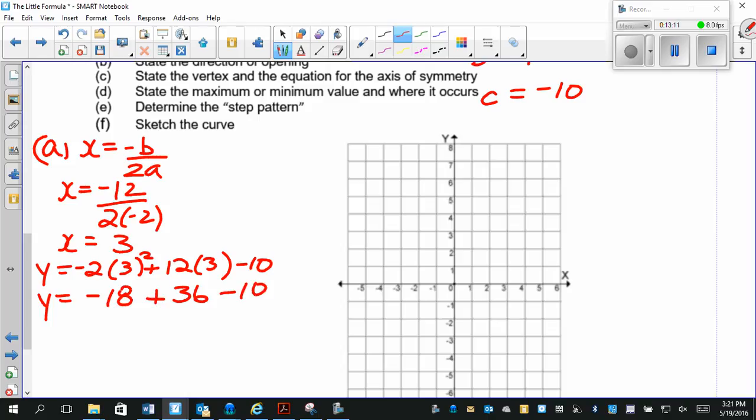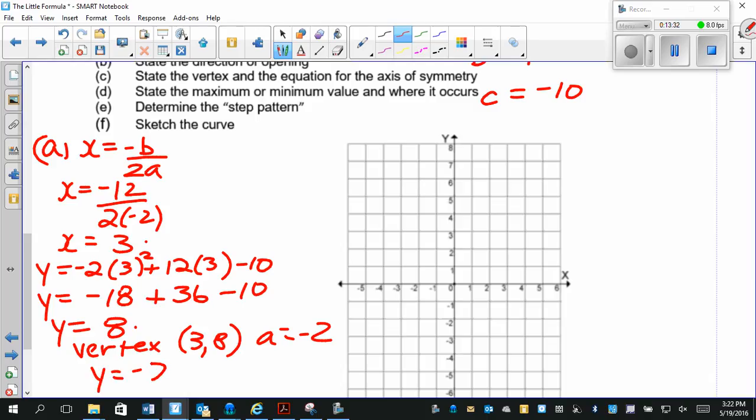So our vertex is 3, 8. A is equal to -2. And so the equation is y equals, and then A goes first, and then x minus p, so x minus 3 squared plus q, which is 8.